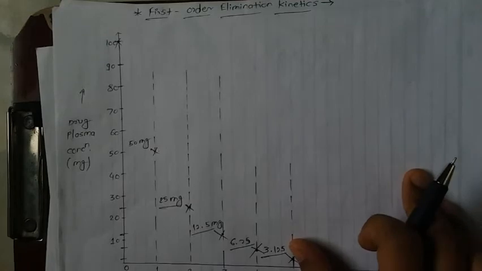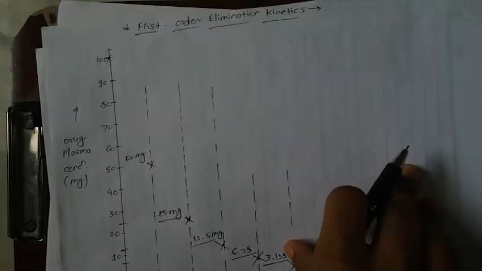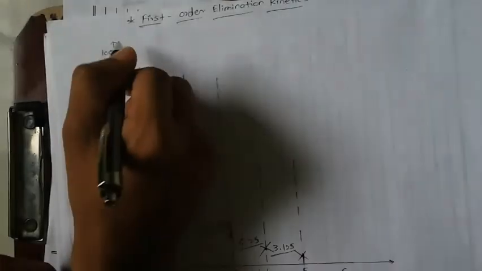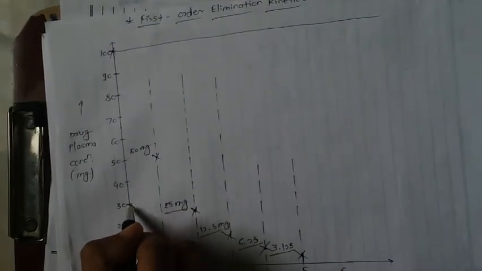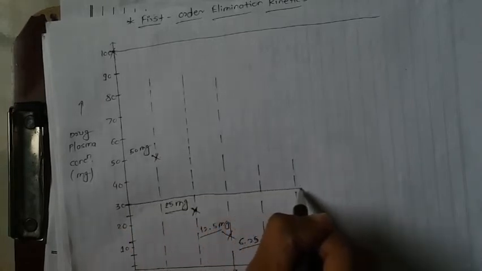So we know that the drug must be in the therapeutic range to show its intended pharmacological action. So suppose we have a therapeutic range, that is 100 milligram above and 30 milligram below.